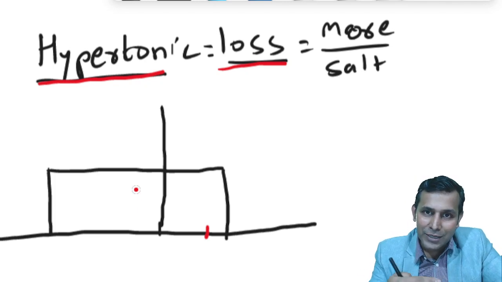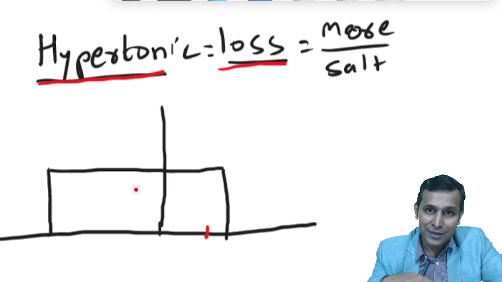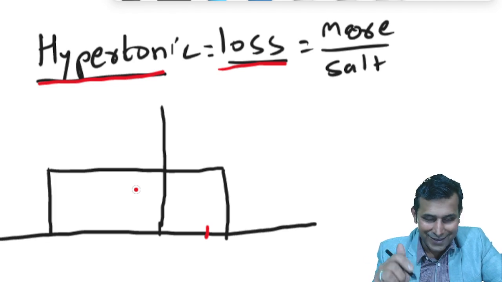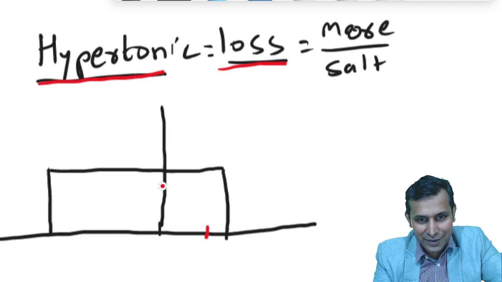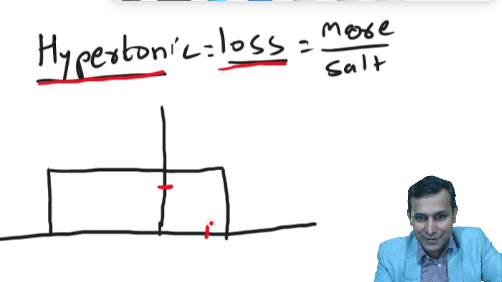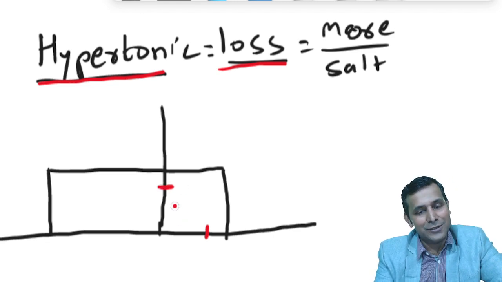So if more salt is lost and water remains, the body's water environment becomes more dilute, meaning the body's osmolarity is decreased. So ECF volume decreases, and ECF osmolarity also decreases.